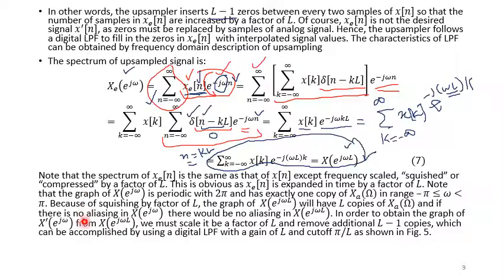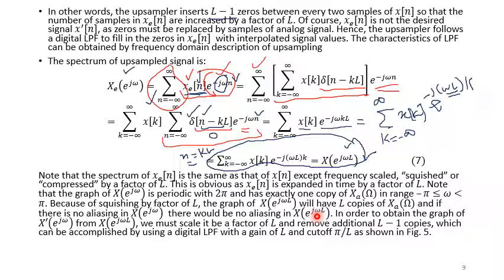Also, if X of e^(j omega) doesn't have any aliasing, then X of e^(j omega L) will not have any either, because we have increased the sampling frequency. But if it does have aliasing, that depends.